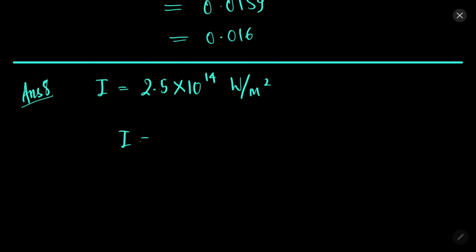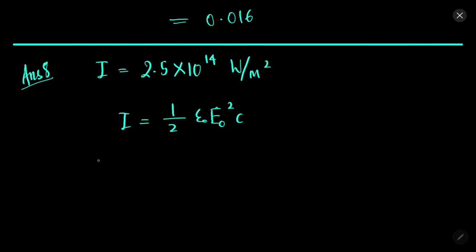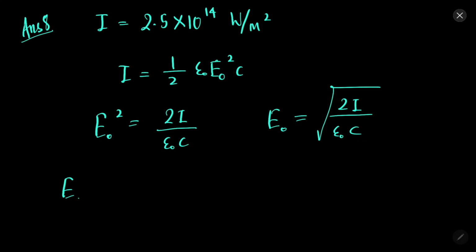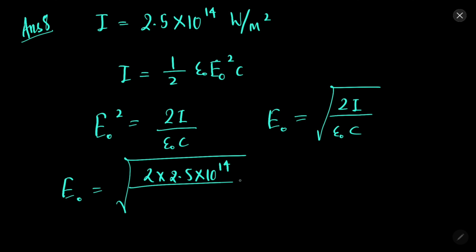Then intensity is epsilon naught E naught square into C. So E naught square will be 2I over epsilon naught C. So E naught ultimately is root of 2I over epsilon naught C. So E naught will be equal to 2 into 2.5 into 10 to the power 14 over 8.85 into 10 to the power minus 12 into 3 into 10 to the power 8.